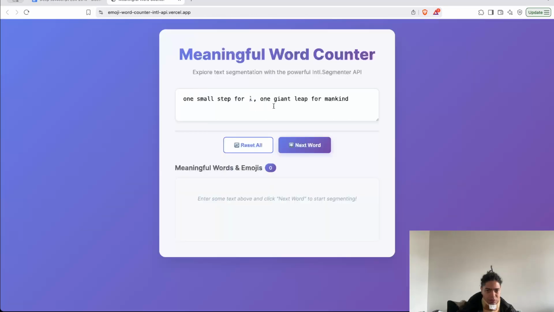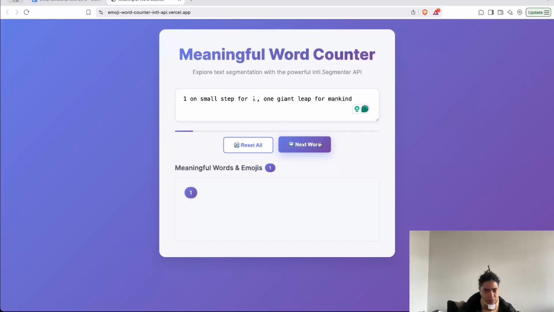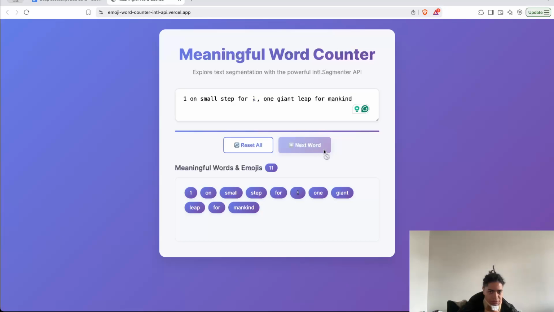With the emoji meaningful word counter, it's going to take that, or even one single character. This is if you want to get the meaningful words in a sentence. It doesn't recognize emojis, I must say. This is just a hack that I did.